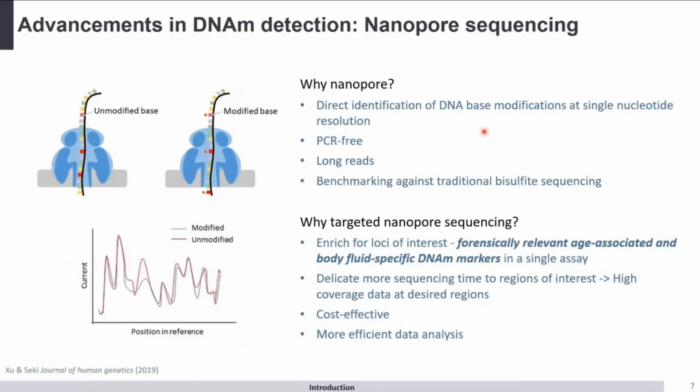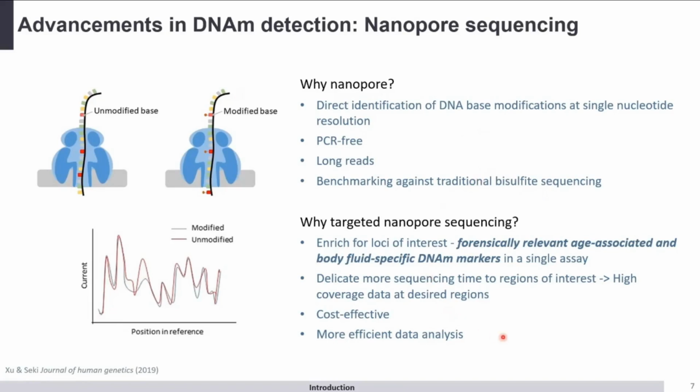Moreover, it provides long reads, allowing us to target entire genes or regions rich in CpGs to profile numerous CpG sites comprehensively. In terms of methylation detection, it has been benchmarked against conventional bisulfite sequencing, which has long been the gold standard for methylation detection.